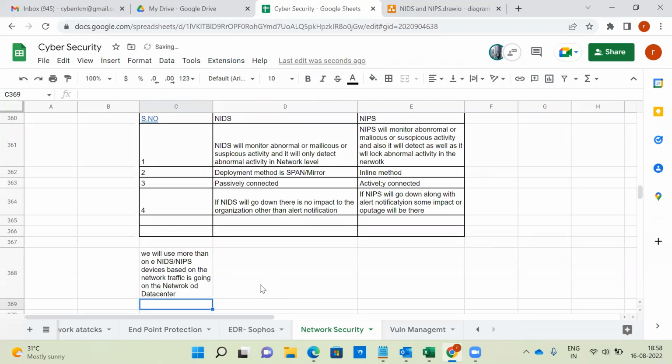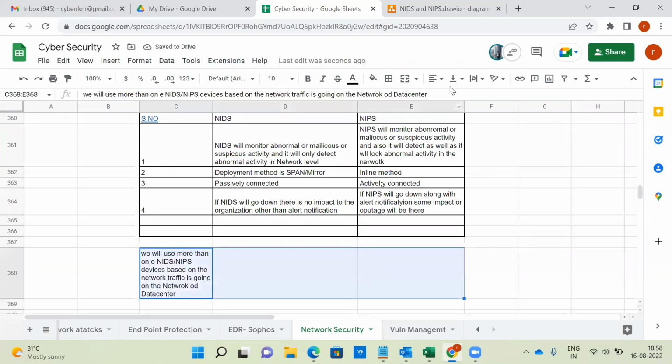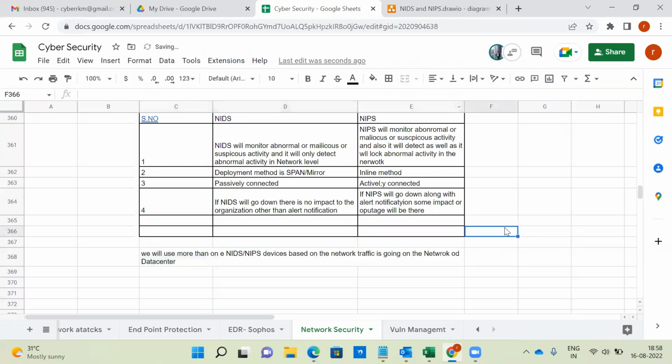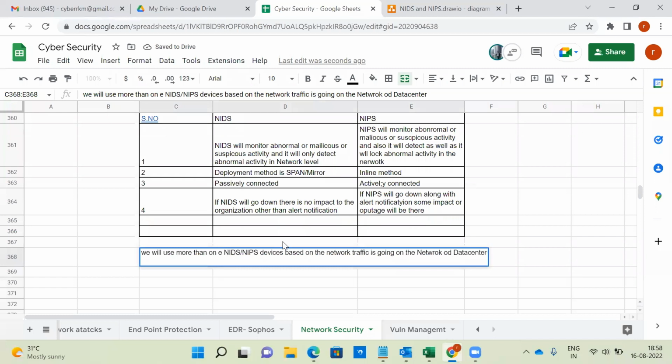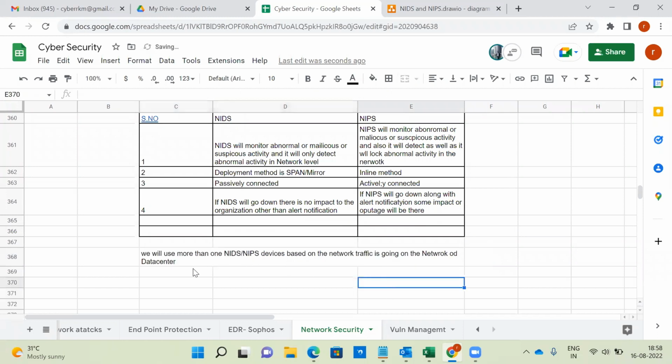What is the meaning of this? We will use more than one NIDS or NIPS device based on the network traffic going on in the network or data center level. Okay, so that is one thing.